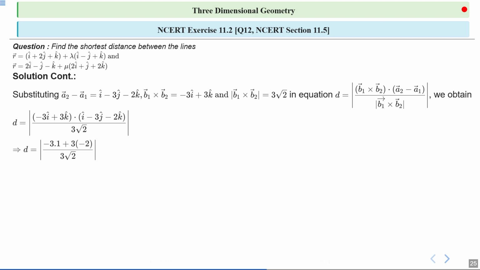So d will be equal to magnitude of minus 3 into 1 plus 3 into minus 2 upon 3 root 2, right? Hence we can say that d will be equal to magnitude of minus 9 upon 3 root 2.